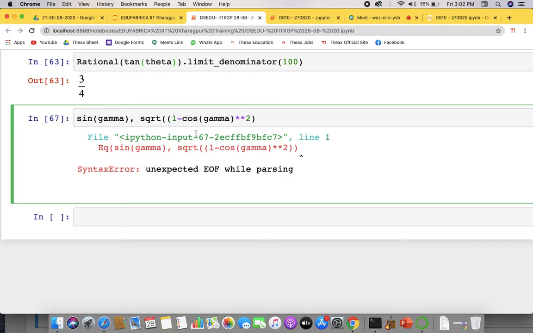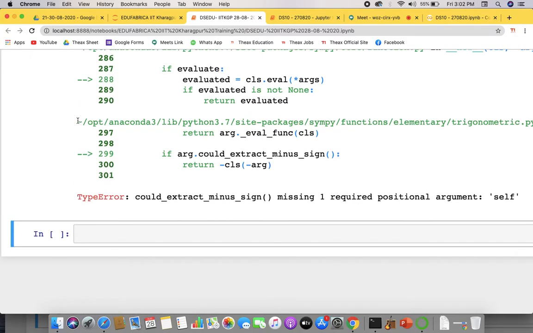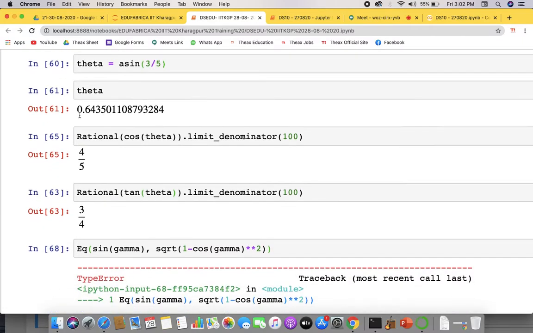Here we are missing something. 1 minus cos square. It cannot extract the minus sign, missing one requirement. So square root of 1 minus this, I think we should give one more bracket here.